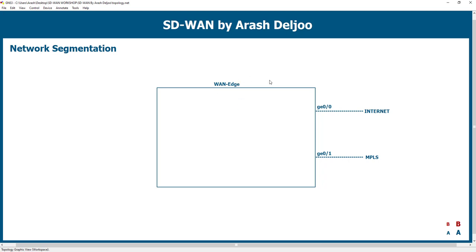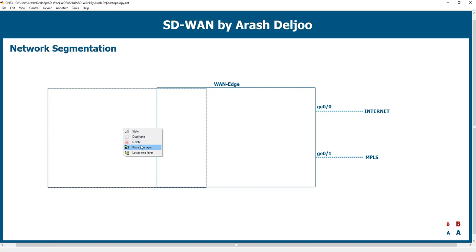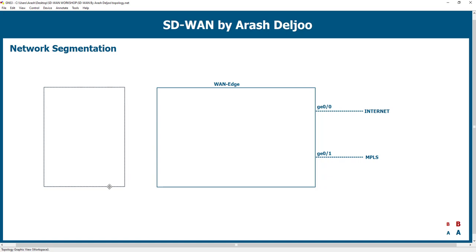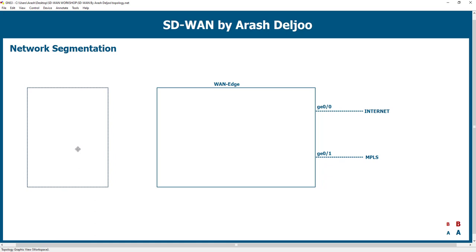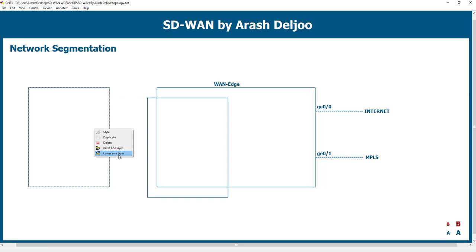In the WAN edge, in SD-WAN, we use a concept similar to the traditional router. Maybe you remember that in the traditional router, we could configure many virtual routers. The name of those virtual routers is VRF. Let's review the topics.